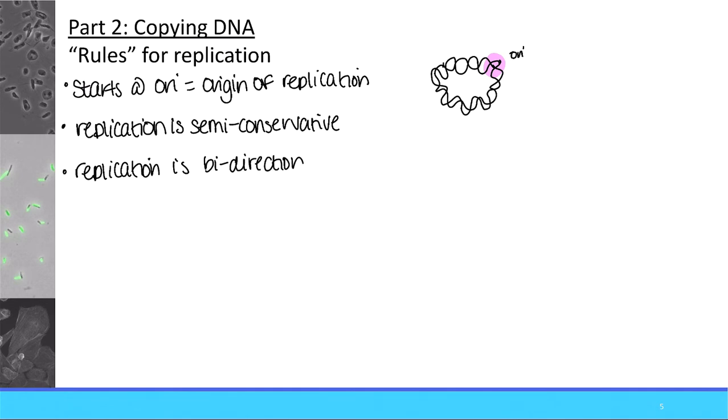If we go back to our image of our ORI and zoom in on that DNA, here's our double-stranded DNA, and let's add our ORI on there. Replication will move up and it will move down. So it will move in both directions. That's what we mean by replication is bidirectional.